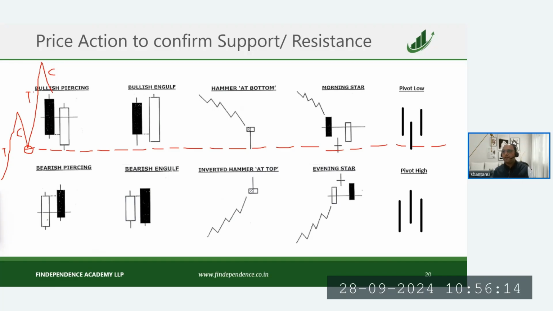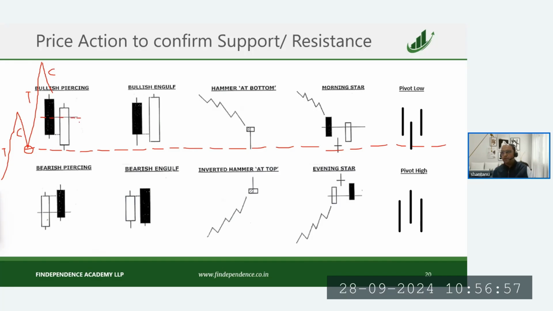Now let's say first we'll look at the first candlestick pattern, which is called bullish piercing. Here the first candle is a red candle. Treat the black candle as a red or negative candle, wherein the correcting move is intact. The first candle is moving in the same direction as the correcting wave, and then the next candle goes against this corrective wave, and the force of going against is such that the median of the previous candle gets broken.